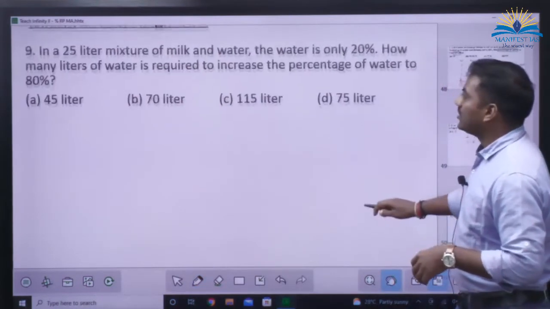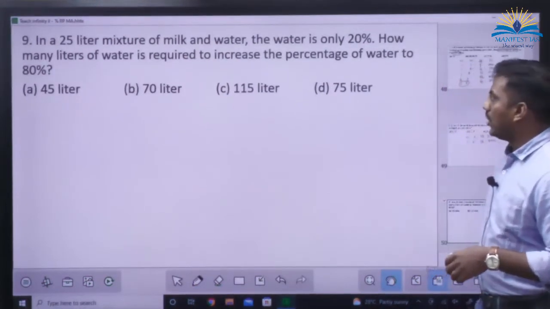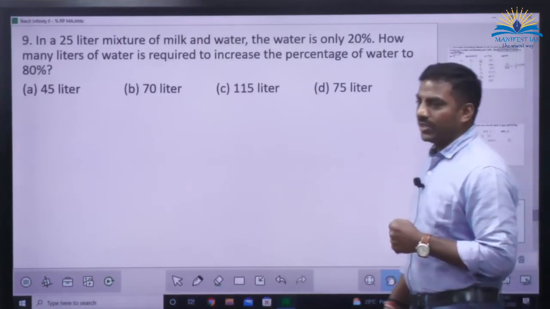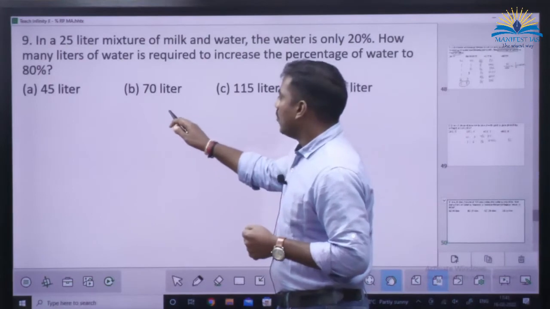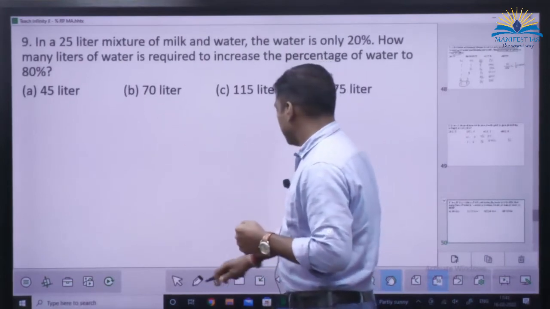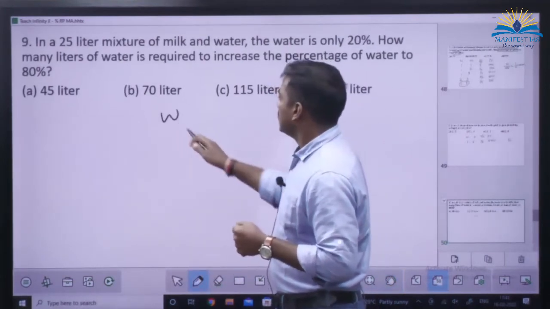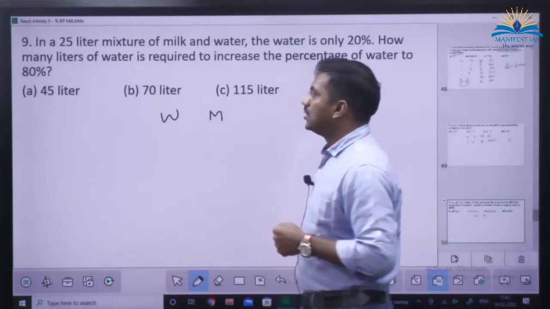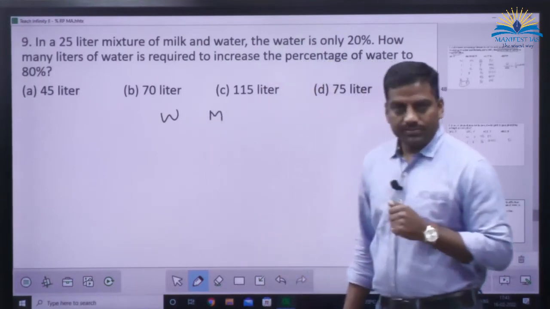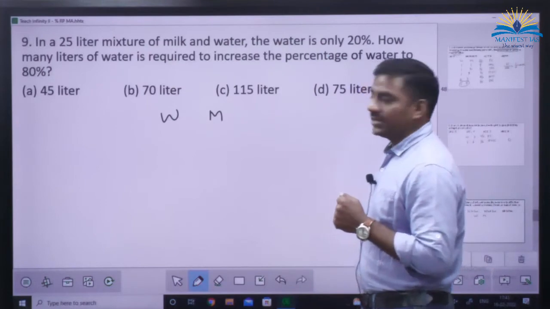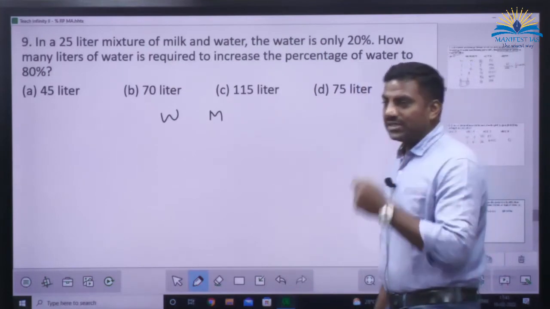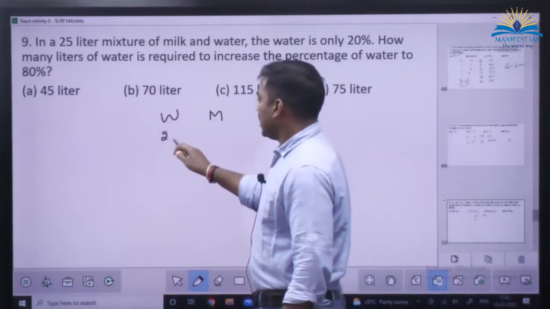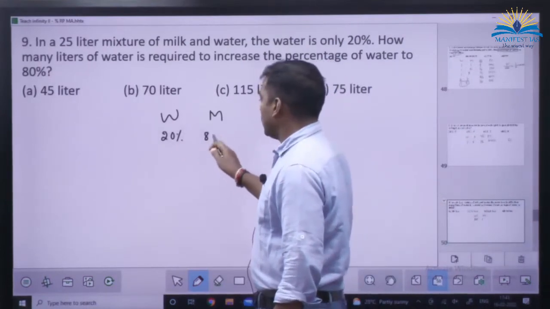In 25 liters of a mixture of milk and water, the water is only 20%. Water and milk. 25 liter mixture total. 20% is water. 20% is water means the other 80% is what?